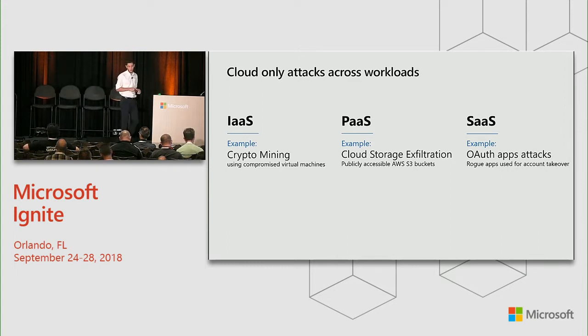Now, another example is from the PaaS world, specifically about cloud storage exfiltration. A lot of business applications or enterprise applications leverage cloud storage as part of their work. It can be Azure blobs, and it also can be AWS S3 buckets, and obviously some others. And in the last few years, we're seeing a lot of attacks that make a lot of noise.